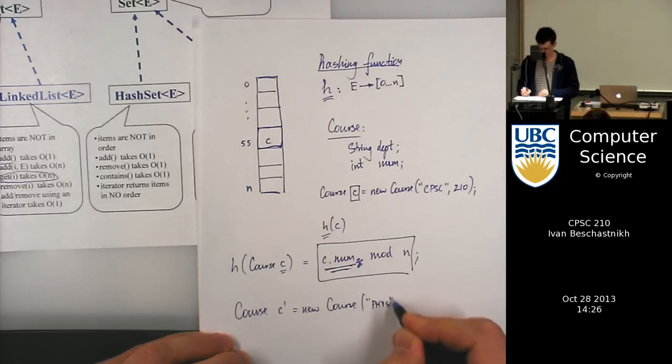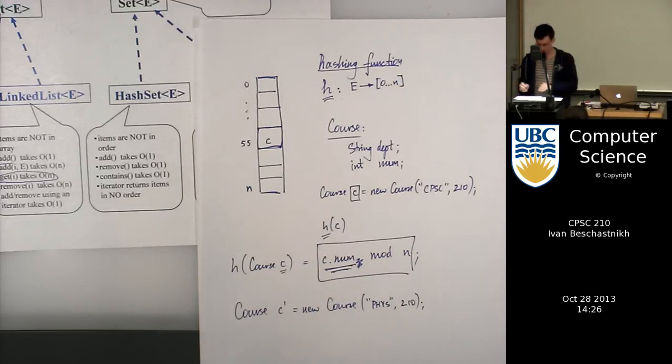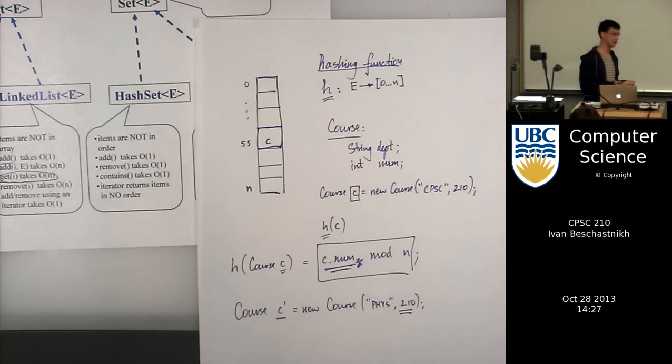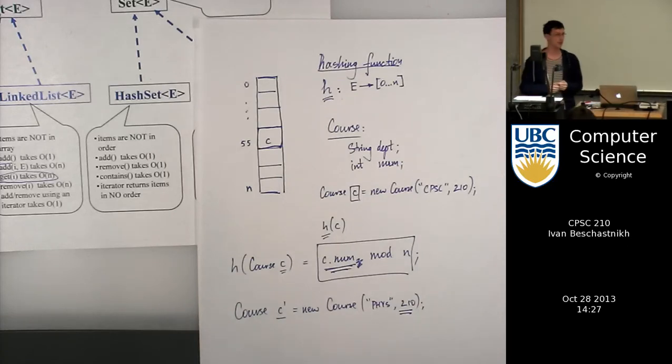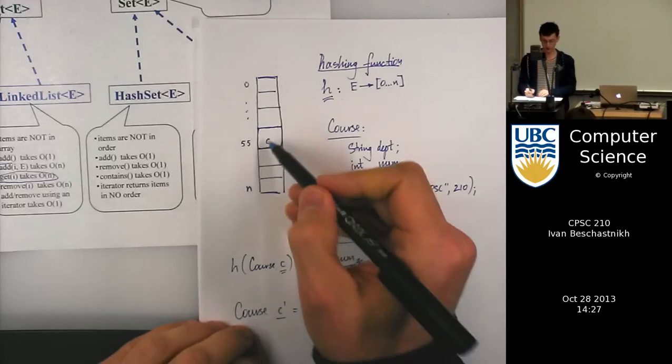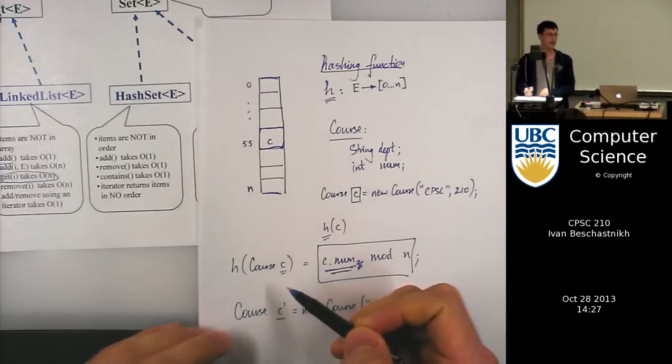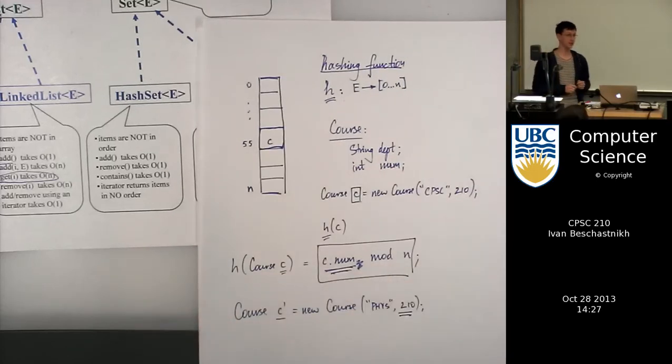Maybe Phys 210. So now the C prime has the same course number, 210. So my hashing function is going to return back the same value. The value is going to be 210 mod n, whatever that is. And so it'll also be 55. So that's something we call a collision. So that's a hashing function collision.